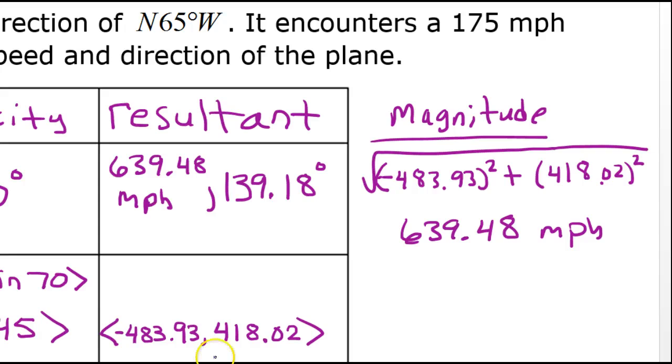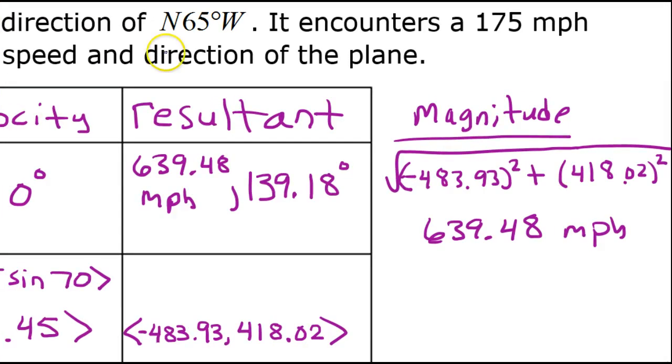Now, we are almost done, but there's one last little thing that we have to do. We cannot quite record our final answer in this way. I'm looking at the direction. Now, in the original problem, they used a different method for giving us the direction.